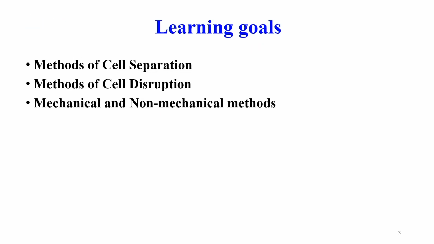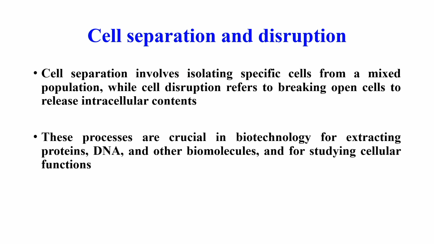Now, in today's lecture we will first quickly revisit the methods of cell separation. Then we will mostly focus on the methods for cell disruption, which include both mechanical and non-mechanical methods. Cell separation involves isolating specific cells from a mixed population, and this mixed population may have the cells, unutilized sugar and other components of the fermentation broth.